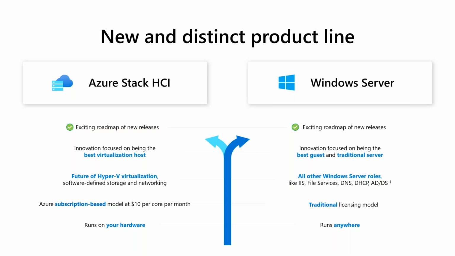So why is Microsoft releasing a new HCI OS? Well, the new HCI OS is a clear testament of Microsoft's focus on hybrid infrastructure and a clear indication of the importance of HCI to transform on-premise infrastructure.